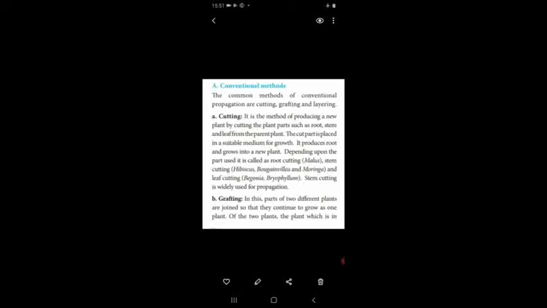we require two different plants. Two different plants are joined together and continue to grow as one plant. You have to take two different plants with desired quality. For example, we are taking the example of shoe flower.